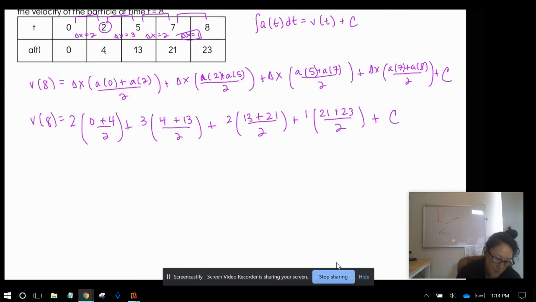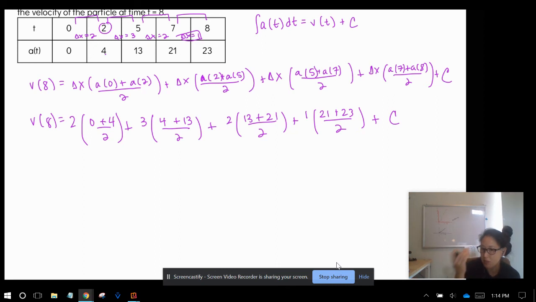Because the curve can be shifted up or down, is basically what we're saying. Okay. So v of 8 is equal to, when I multiply this all out, I get 85.5 plus c.